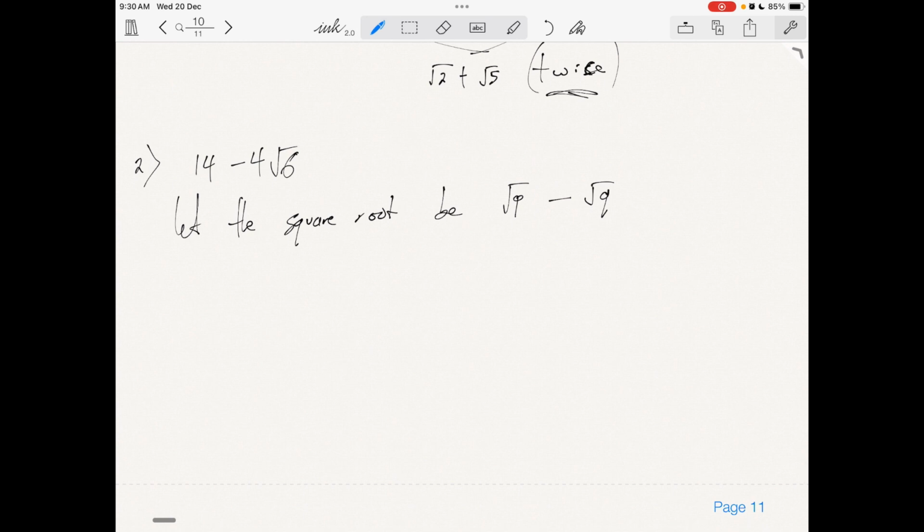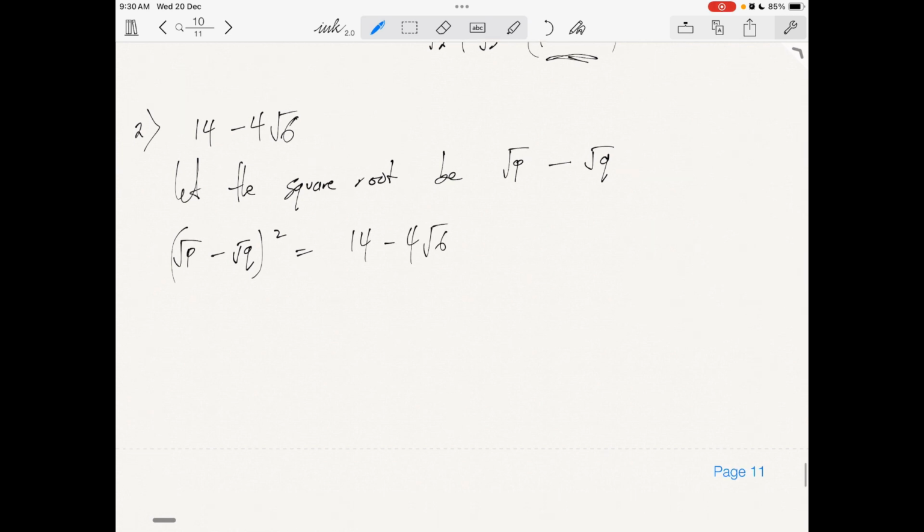So in that scenario, we can just say that root p minus root q all squared is equal to 14 minus 4 root 6. Let's square this side. So we have root p minus root q into root p minus root q equals 14 minus 4 root 6.